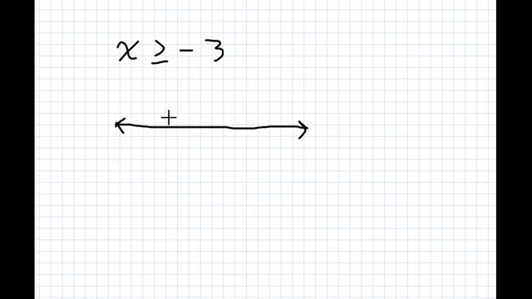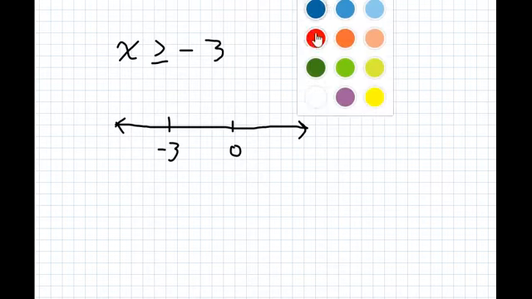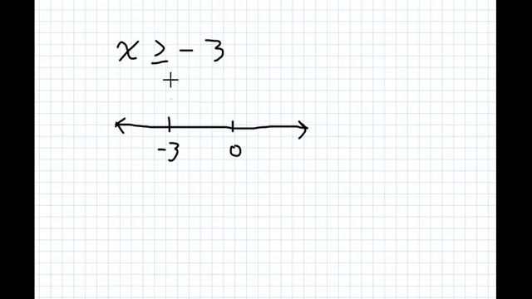We'll say negative 3 is located here on the number line, and we'll just arbitrarily put 0 over here. And because this is equal to, I'm going to put a filled in dot. It means we include negative 3, and x is greater than or equal to, so everything to the right of negative 3, including negative 3, would make our original inequality true.